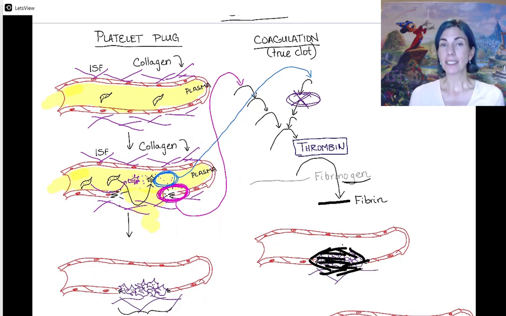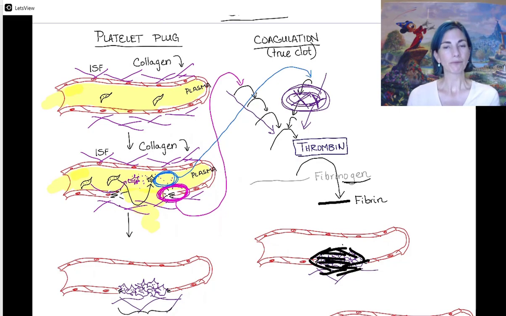Hemophiliacs can often still make a clot, not that they can't ever make a clot or they would die very early in age, but it takes them a lot longer because one of these proteins is defective, they lose one of their ways to thrombin and they have to rely only on the other way. The longer it takes to form a clot, the more blood you're going to lose. So, of course, hemophiliacs are in danger of a small injury becoming life-threatening when they lose blood.